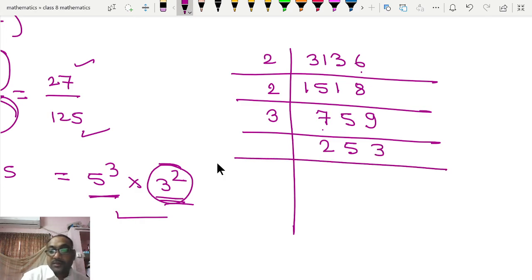Now see, 5 plus 2 is 7, and 7 plus 3 is 10. This number cannot be divided by 3.